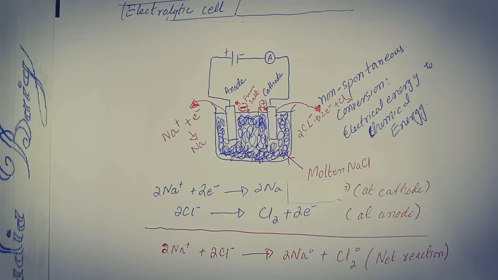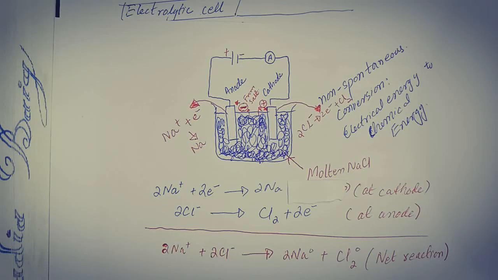So in this lecture we have discussed two kinds of electrochemical cells, the first known as galvanic cell, in which the chemical energy was converted to electrical energy through spontaneous conversion, whereas the second case is known as electrolytic cell, where we haven't used any salt bridge.